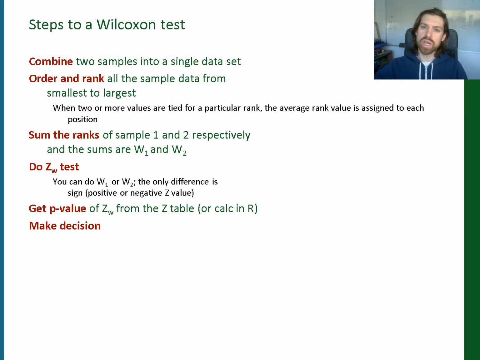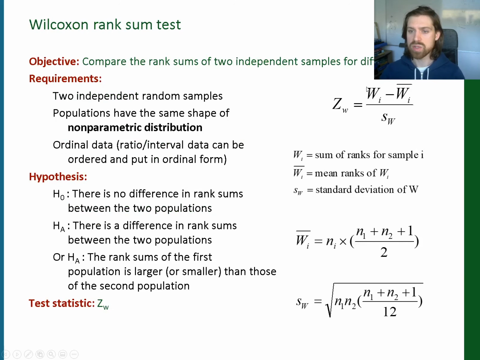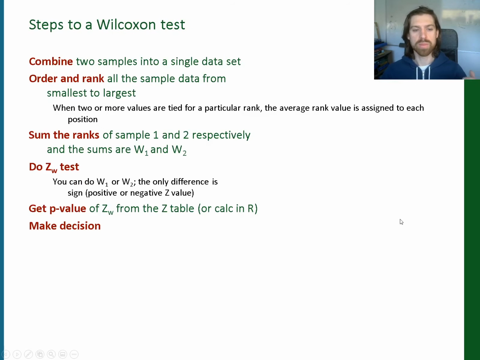You then need to order and rank that whole data set from smallest to largest, okay? When you have values that are tied for a particular rank, the average rank value is assigned to each position. You then need to sum all of those ranks based on whether it's sample 1 or sample 2, or sample A or sample B respectively, and that provides the sums for the W values. So you see here where we have the Wi, we get that by summing these particular rank values.